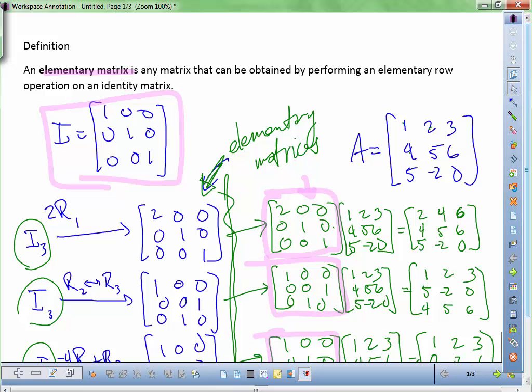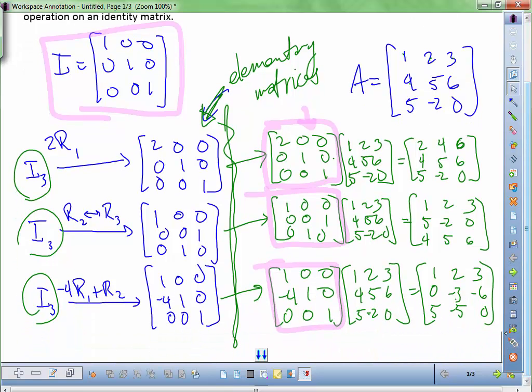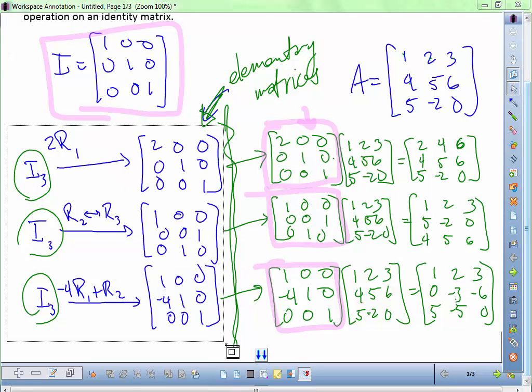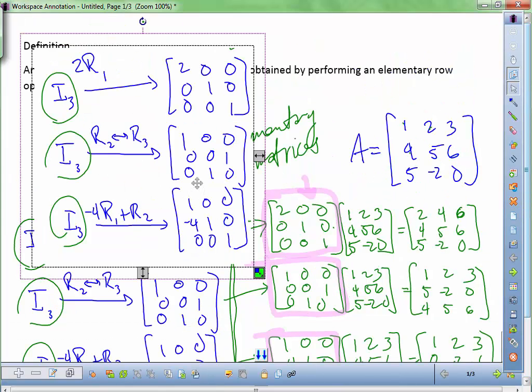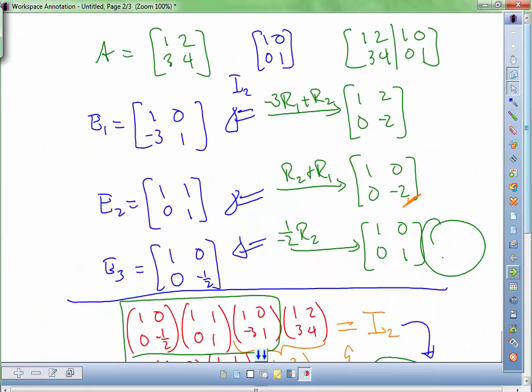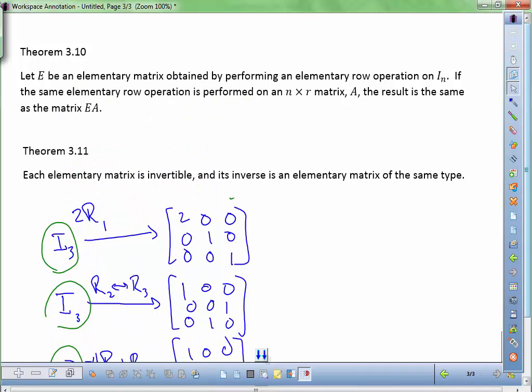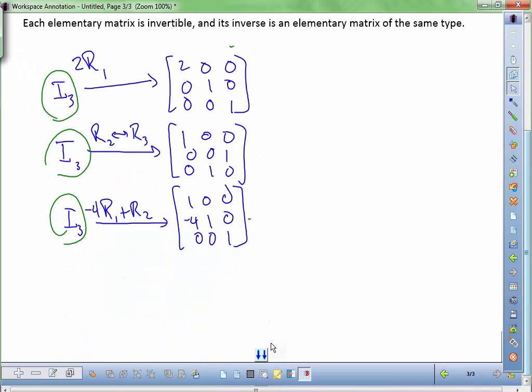Sorry, let me go back. I wanted to copy these matrices that we did. There it goes. So we went from the identity matrix and we did a couple of elementary row operations, and then we got these as our elementary matrices.